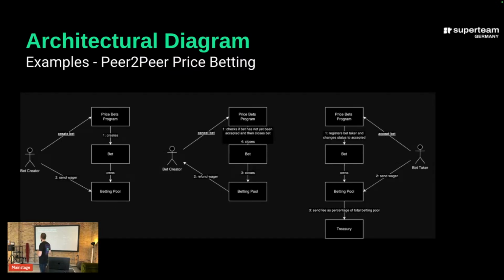Drilling down on that a little bit. If you are the bet creator and you want to create a new bet, you call the prize program. The prize program then creates the bet, and the bet has an associated vault that holds the wager for you. When you create the bet, you already put your money in there, so the moment someone else accepts it, the bet is on, because otherwise you would need to pay in later.